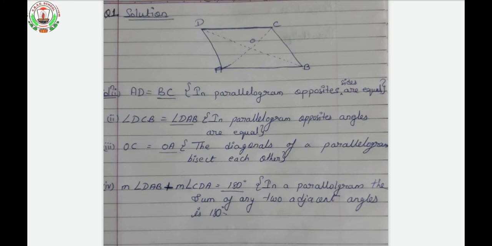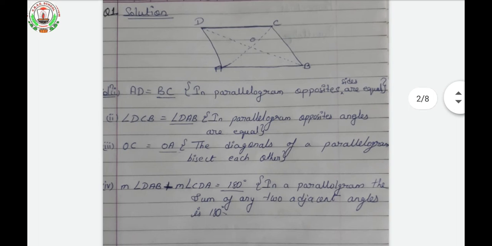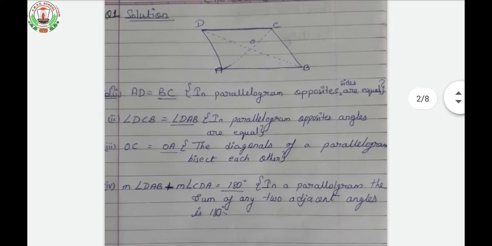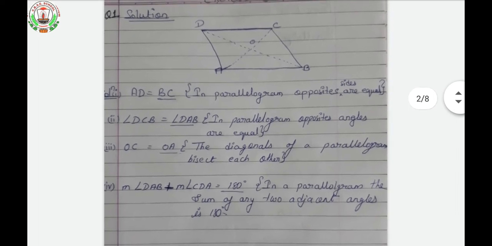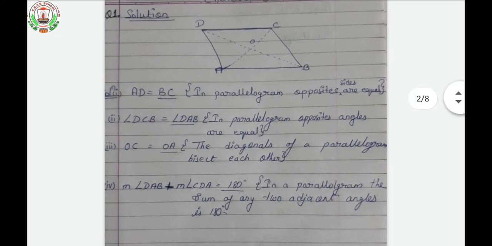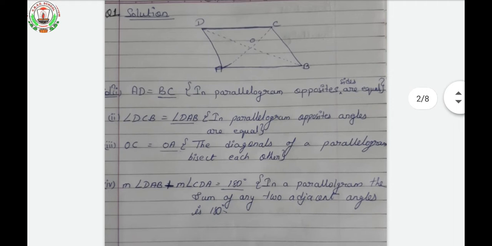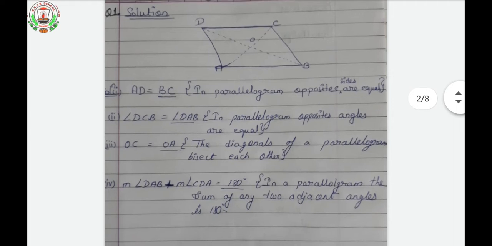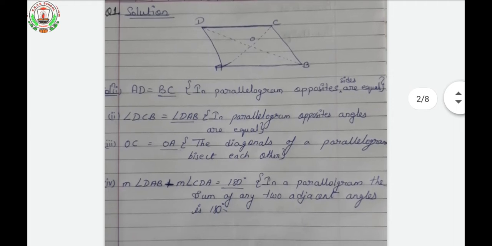The fourth point, M means measure. Measure of angle DAB plus measure of angle CDA is equal to 180 degrees. Why is it so? Because the property of a parallelogram states that the sum of any two adjacent angles is equal to 180 degrees. Here the two adjacent angles are angle A and angle D. Hence, angle A plus angle D will be equal to 180 degrees.